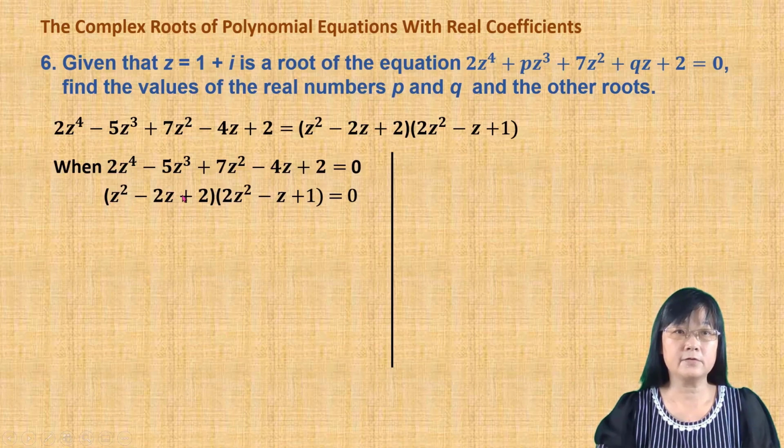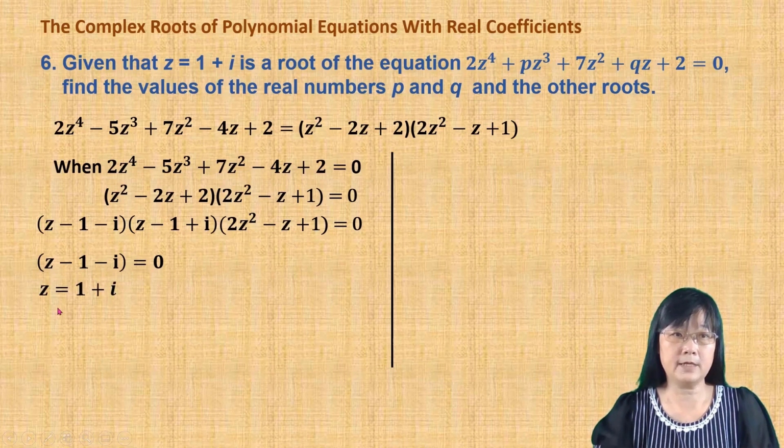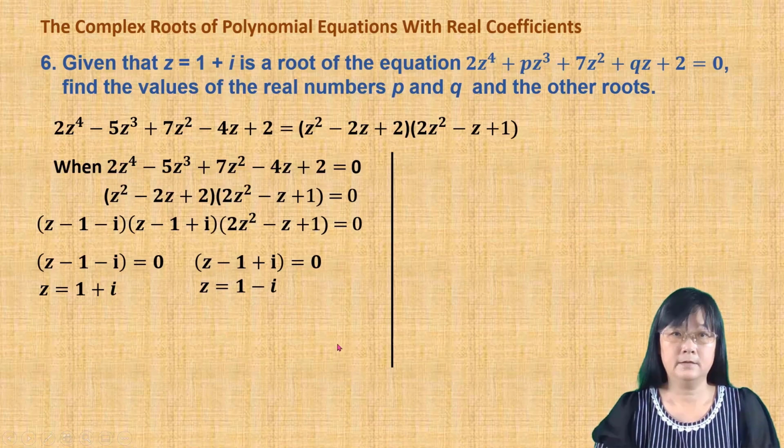The first quadratic factor is the product of the two factors that we got in the first part of the question. So from here, z minus 1 minus i is equal to 0, so z is equal to 1 plus i. For the second factor, from here, we get z is 1 minus i.